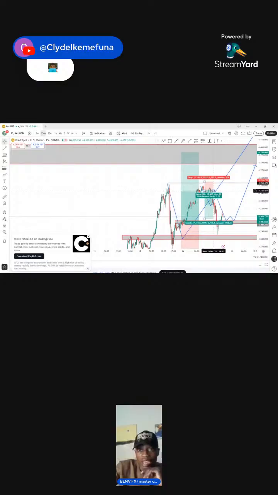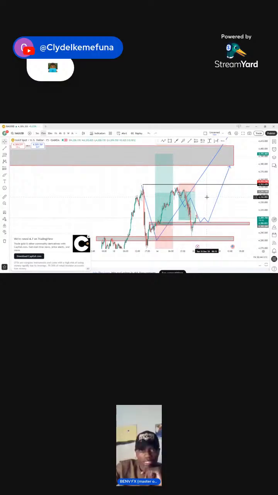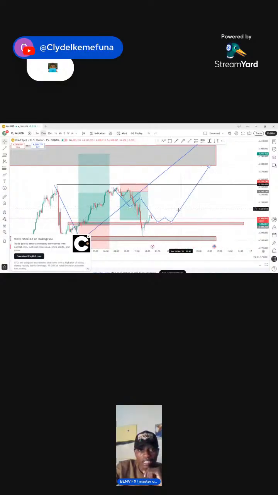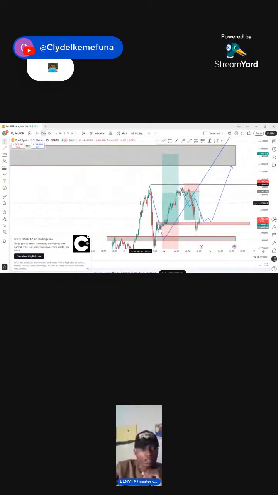It was this afternoon, towards the New York session, that I entered this trade. I entered the trade on my phone, then came to the chart and entered it here. So as you can see, TP hits, and I predicted that the market would come to this inner support level and give us a W pattern, then move to the upside.